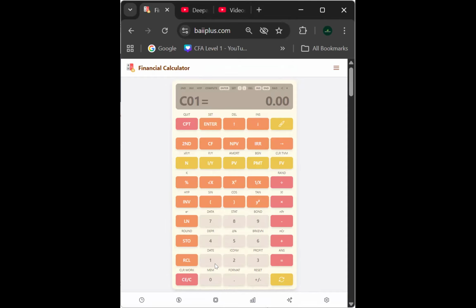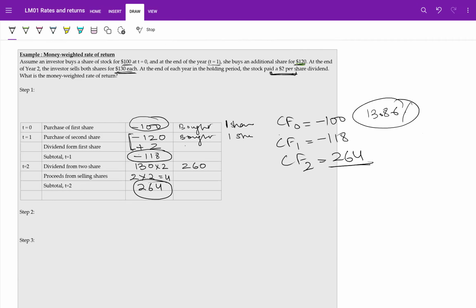My cash flow at time one is 118, the 120 outflow plus $2 of dividend, and cash flow at time two is 264. I'm going to enter these numbers and ask it to compute the internal rate of return. So the internal rate of return is 13.86%.